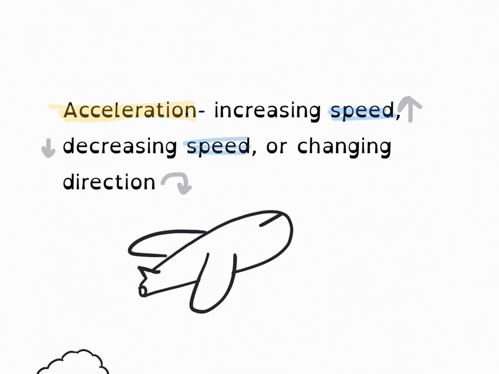Decreasing speed, again, cool, just dealing with speed. But they throw in this monkey wrench that says direction or changing direction. That's an indicator that we actually are talking about this idea of velocity, or that change in velocity.